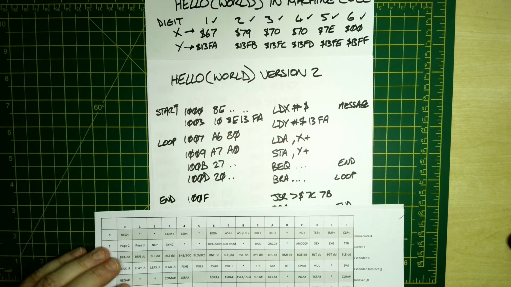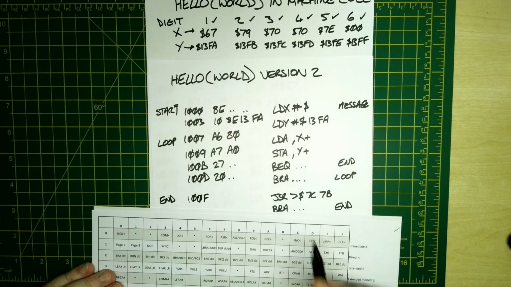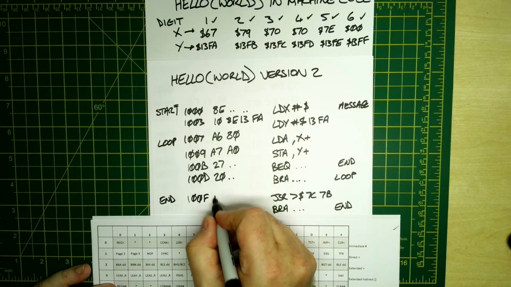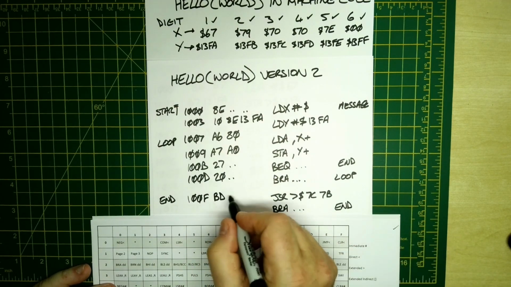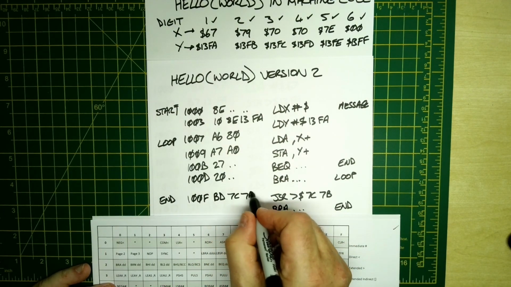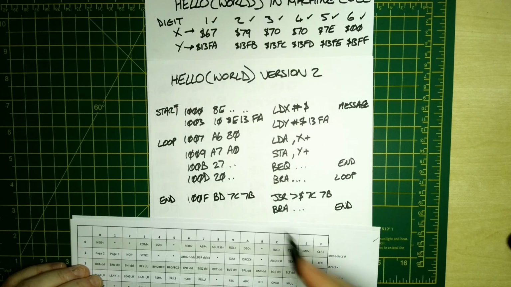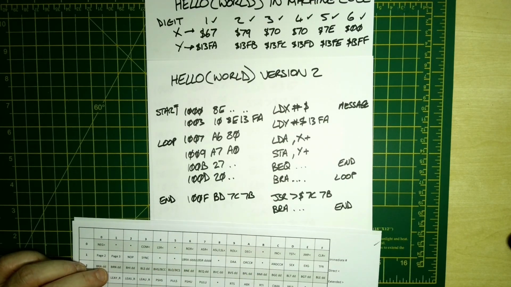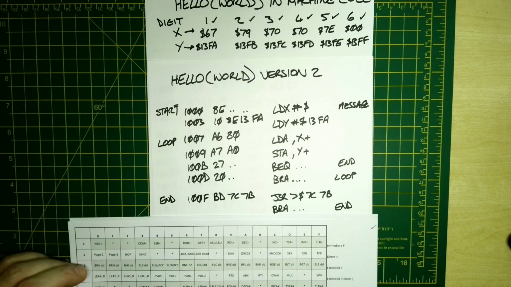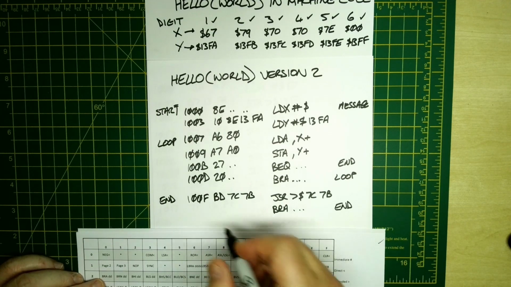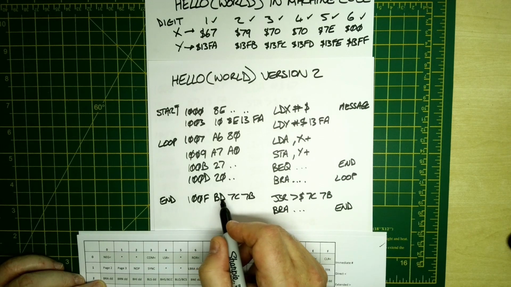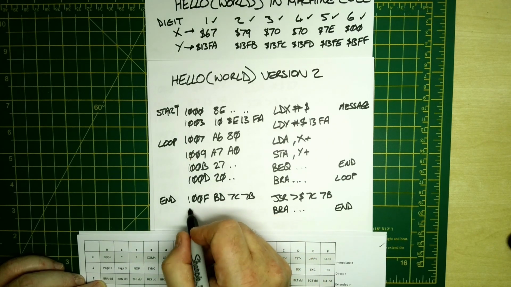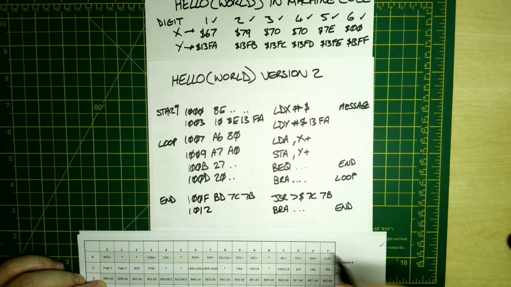Now the jump subroutine to 7C7B is going to be the same code we had in the previous version, that's BD, 7C, 7B. And then finally, we've got another relative branch, and it's just going to jump back to the end label. So the branch is 20, and this address is going to be 1010, 1011, 1012.